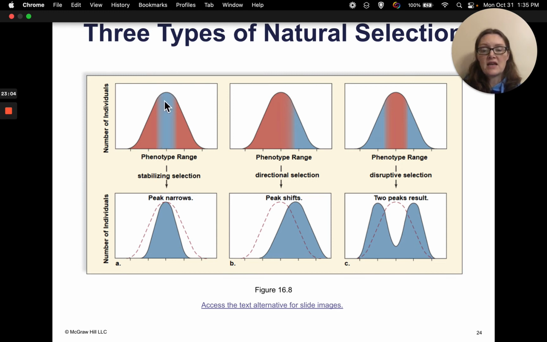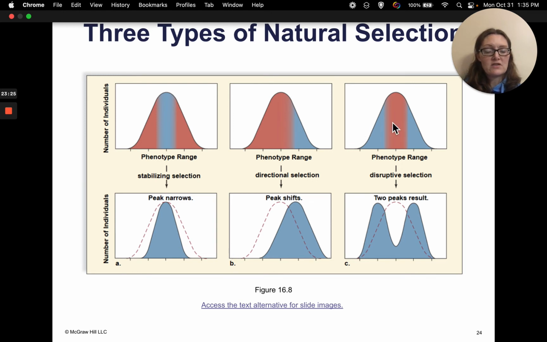In this case, the trait that is in the middle is selected for, and so the graph will shift so that we're just selecting for the middle trait. Or we can select for a trait on either end. It can go to this end or this end, so the entire graph shifts to this side, or the entire graph shifts to this side.